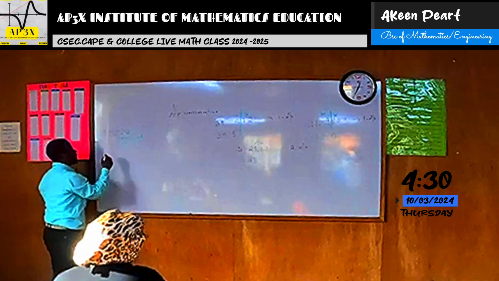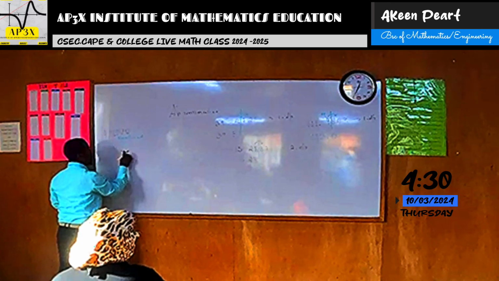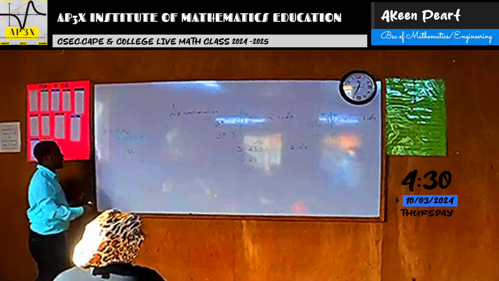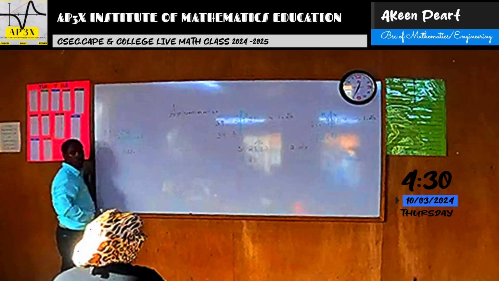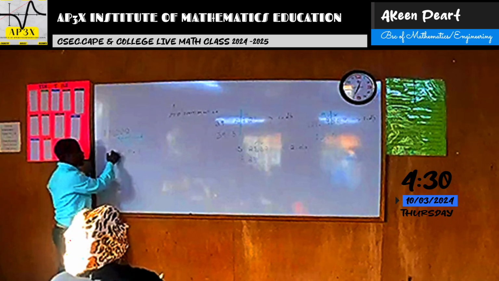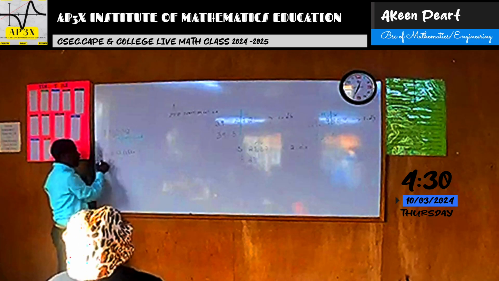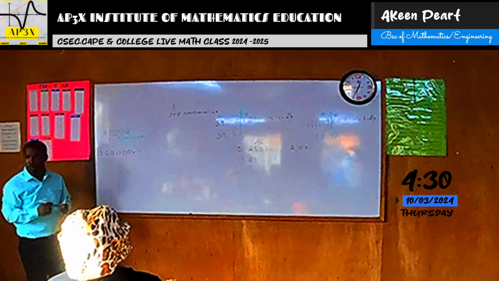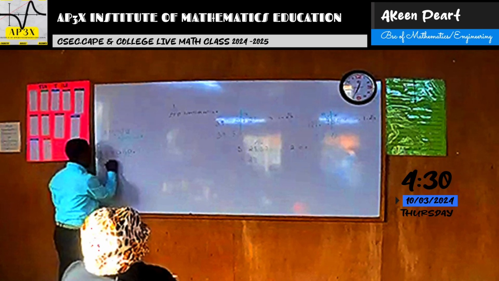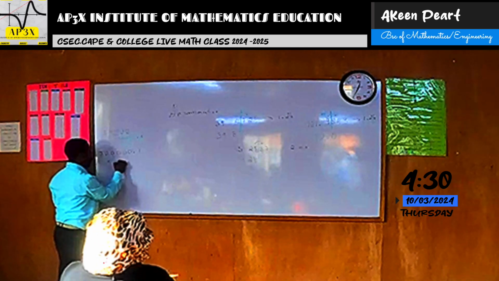Now, the next number that we looked at was 0.1. If I add another 0 here, it is still 0.1. Add another 0 here, it is still 0.1. More zeros, more zeros, more zeros, the number is still 0.1. Which means that these zeros are insignificant.